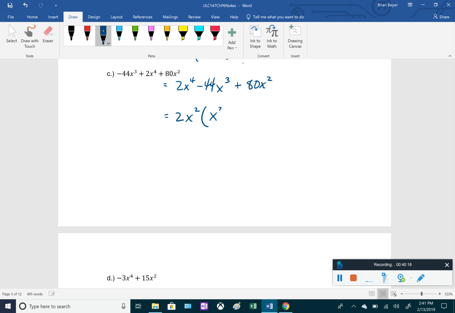We're going to be left with x squared minus 22x plus 40. Trinomial again, so that's going to be two numbers that multiply to 40 that add to negative 22. So that's going to give us negative 20 and negative 2. So negative 20 times negative 2 is 40. Negative 20 plus negative 2 is negative 22, and that one's done.